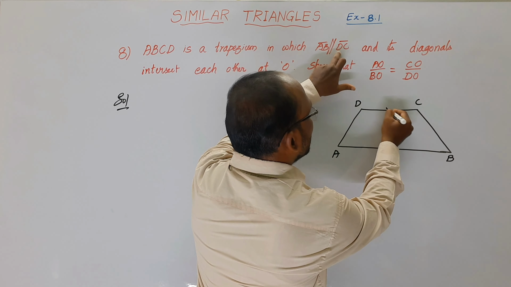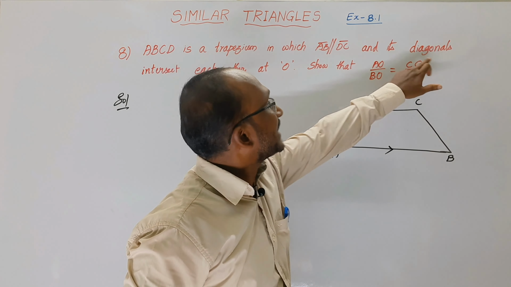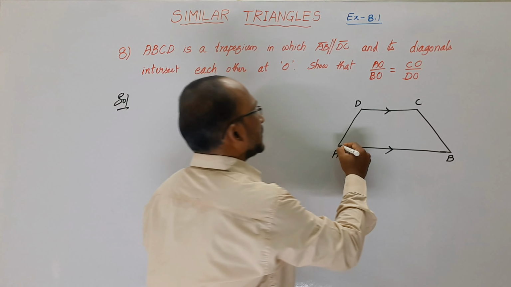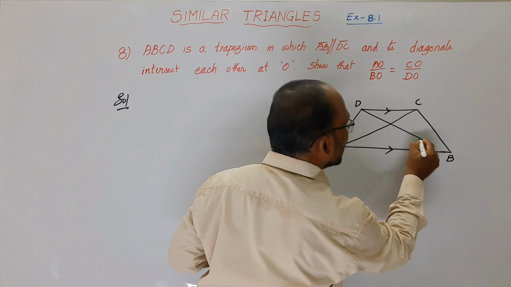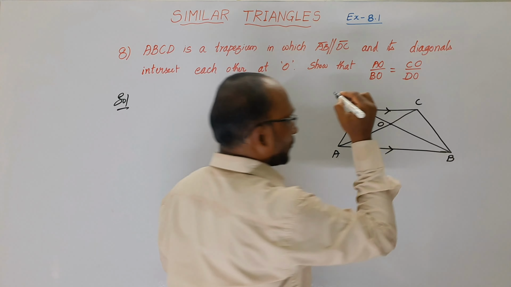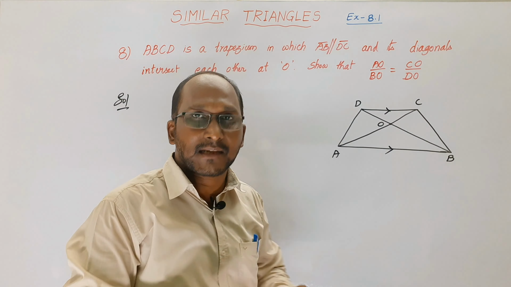Its diagonals intersect each other at O, so the diagonals AC and BD are intersecting at this point. Let us name it O. We have to prove that AO by BO is equal to CO by DO.